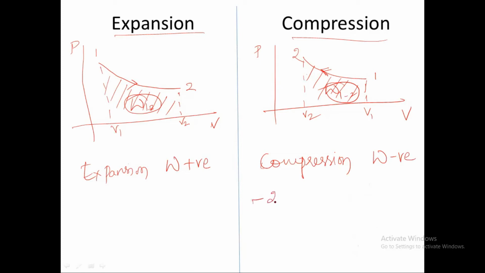For example, if I write minus 250 joules, or else if I simply write plus 250 joules, the sign indicates the direction. Minus 250 joules is work done on the system, the amount required for the compression process. Plus 250 joules is work done by the system, the produced work. Therefore, the sign indicates whether it is work done by the system or on the system. Negative indicates work done on the system, and positive indicates work done by the system.